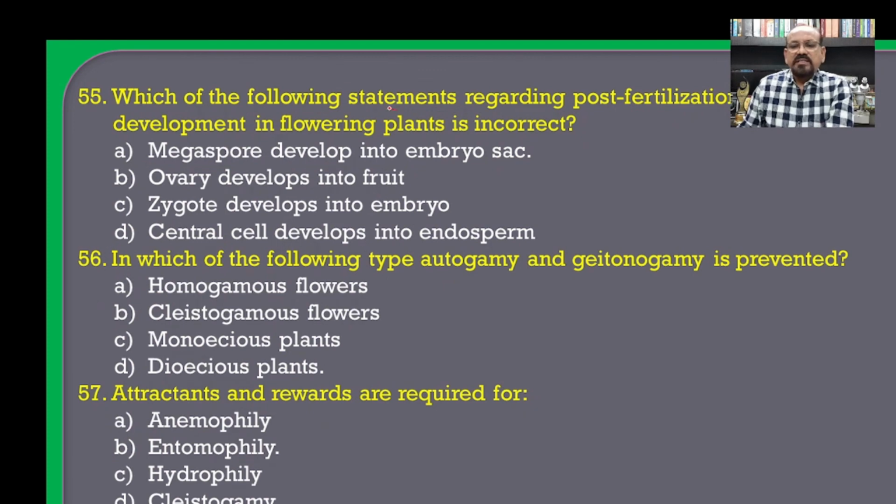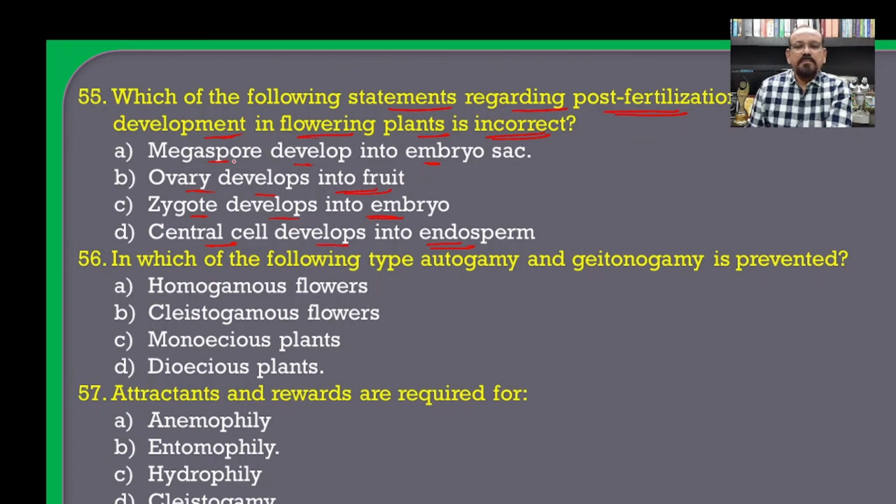Then which of the following statements regarding post-fertilization development in flowering plants is incorrect? That the megaspore develops into embryo sac, ovary develops into fruit, zygote develops into embryo, and central cell develops into the endosperm.